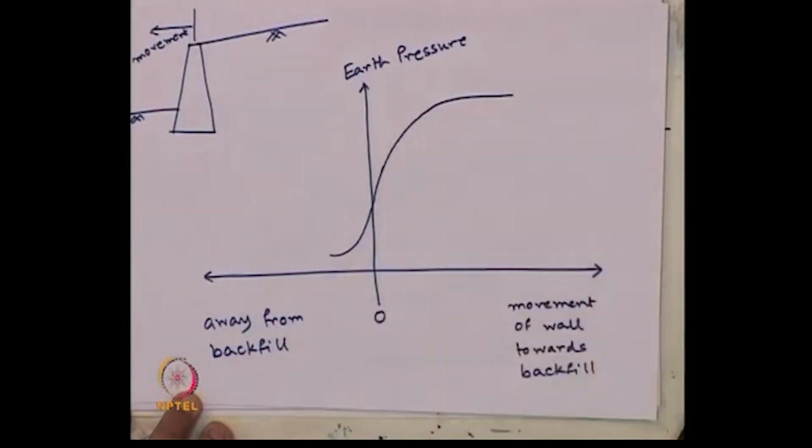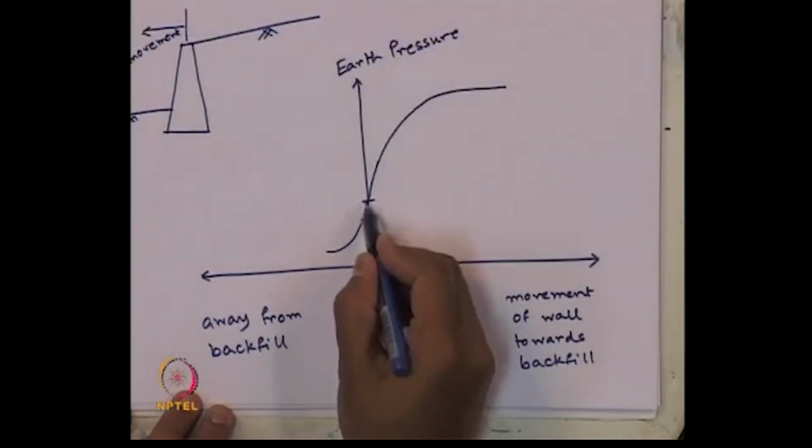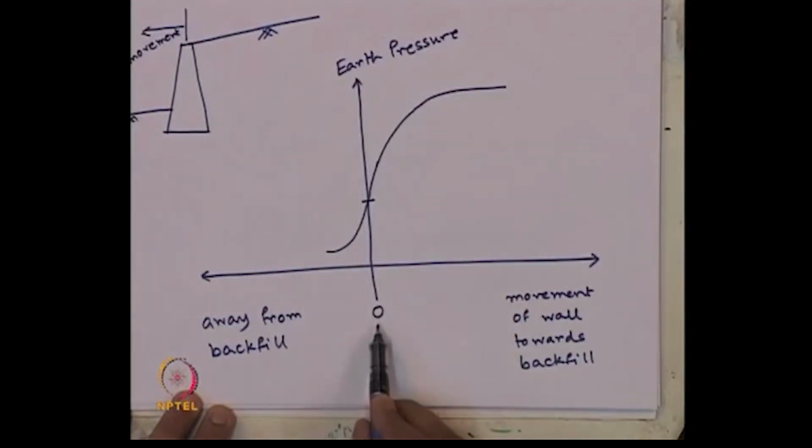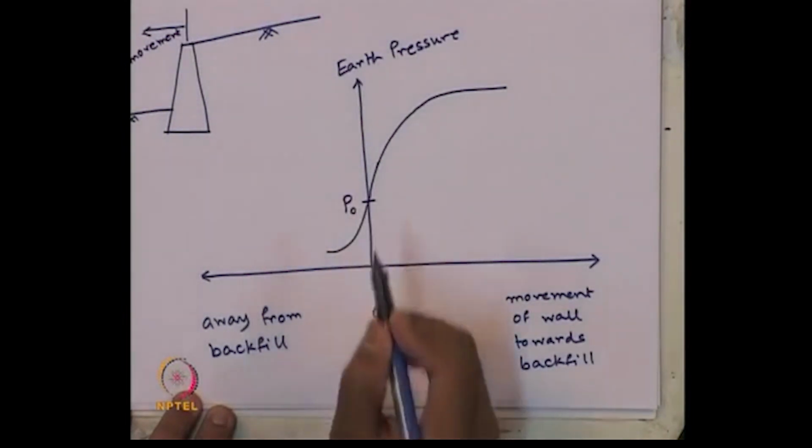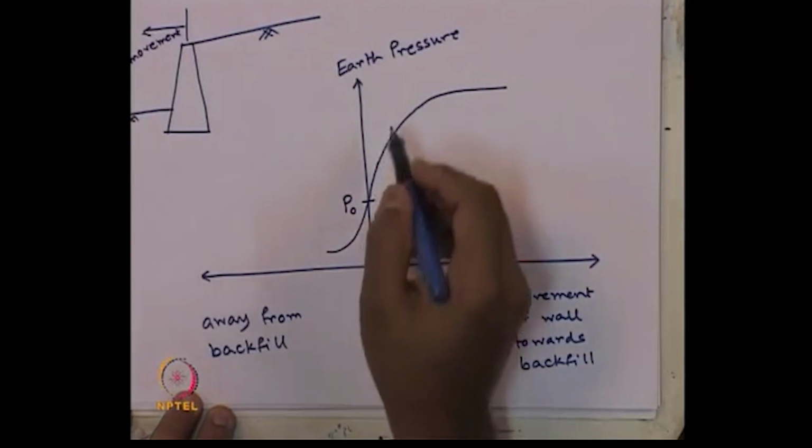So, this magnitude of earth pressure where there is no movement of the wall, that is this axis, will be nothing but P naught, that is the earth pressure at rest.